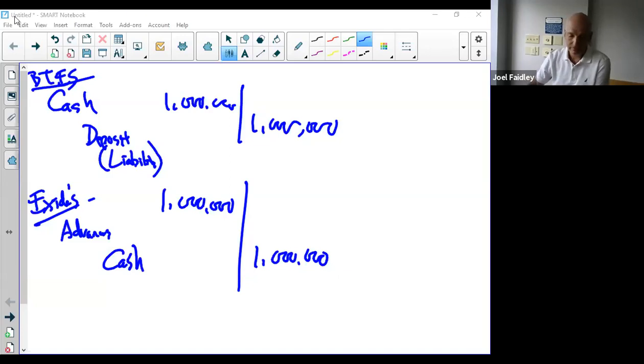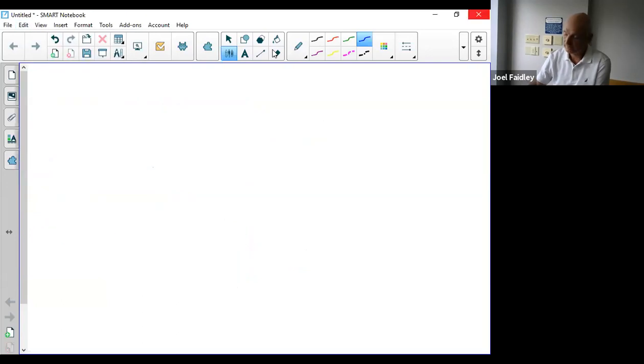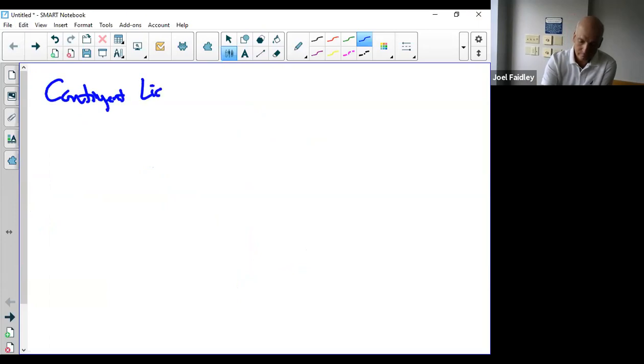Let me clear the screen here. Clear page. What if I have a contingent liability like a lawsuit against my company?